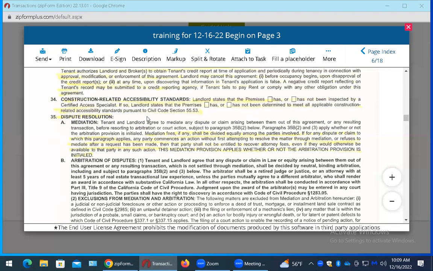So dispute resolution, this is almost the same as on the residential contracts. The mediation provision applies whether or not the arbitration provision is initialed below.